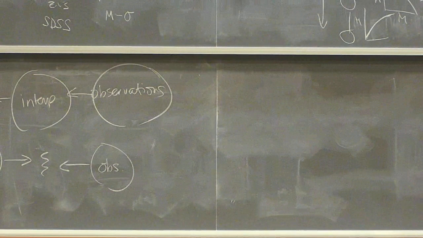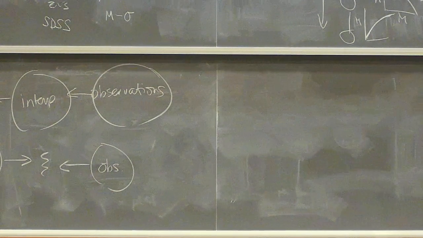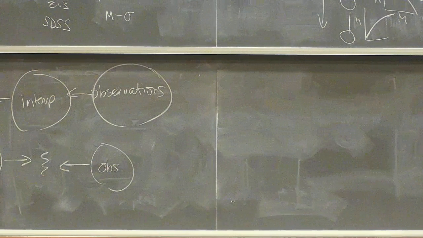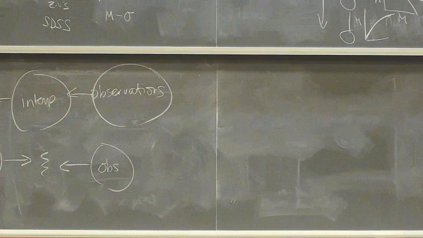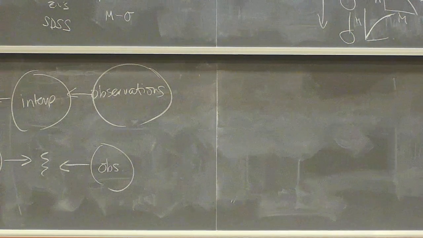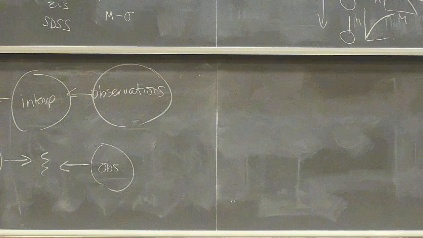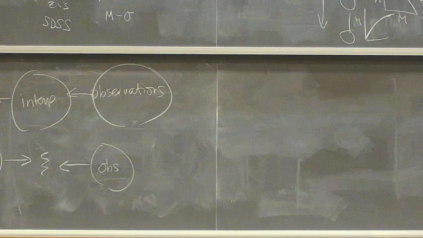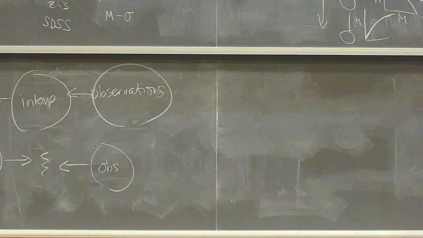People are just starting to do that with hydro simulations. Several people in this room have been part of a project called CAMELS, which has, for the first time, really done a suite of hydrodynamical simulations, still relatively low resolution, still not at the volume you'd like for cosmology, but starting to explore parameter space there. There's been a lot of improvement in how we're doing statistical inference on other kinds of models.